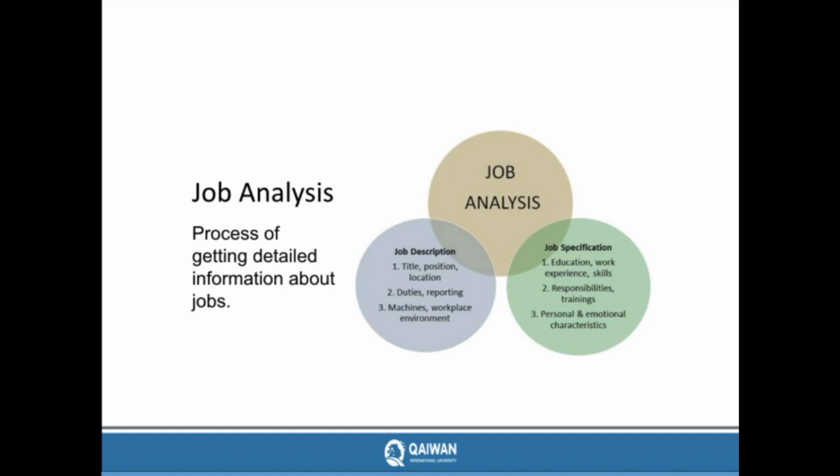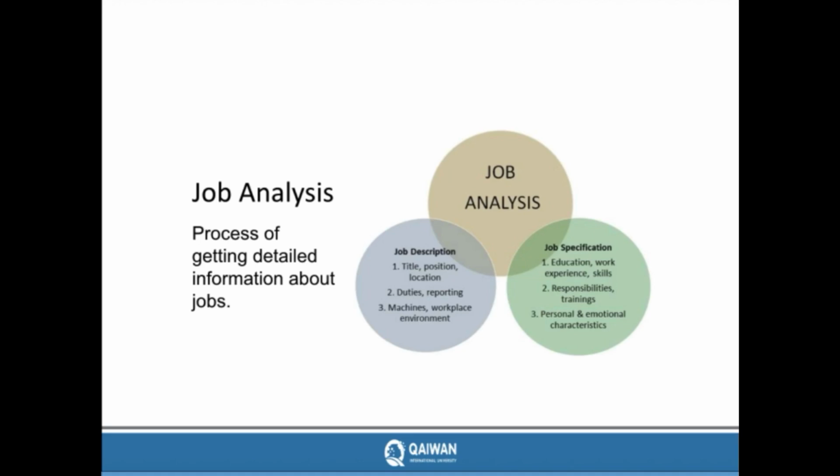It includes things like the job title, job position, and where the job is located. It also explains the duties and responsibilities, like what tasks the employee must do and who they report to. It also includes the machines or tools used and the working environment. For example, is it an office job, or does it require working outside or using special equipment? So these are related to job descriptions.